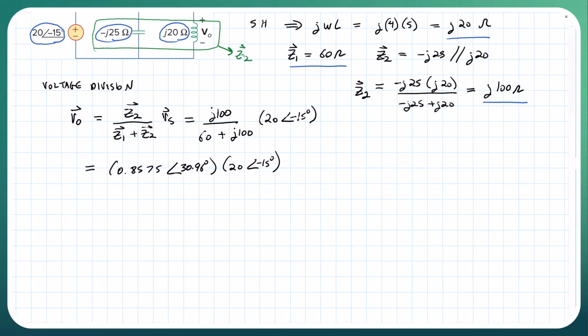Again, your choice of how you're going to approach this depends on how you do this. Then we do the math, 17.15, and this is going to be 15.96 degrees, and this is in volts, and this is what our V naught is.